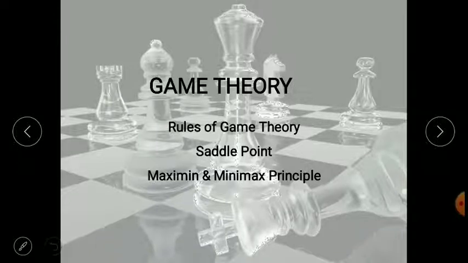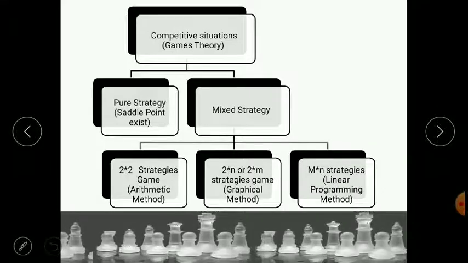So before that, a quick recap of where we stopped in the previous lecture, right? We discussed what game theory is, competitive situations, and under game theory, we discussed its characteristics and different game models, predominantly two types: pure strategy and mixed strategy. Pure strategy is the decision rule to always select a particular course of action.